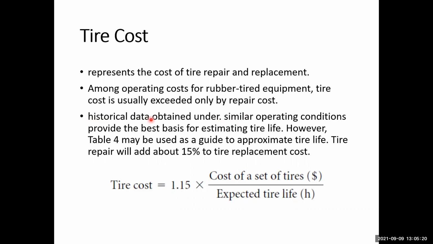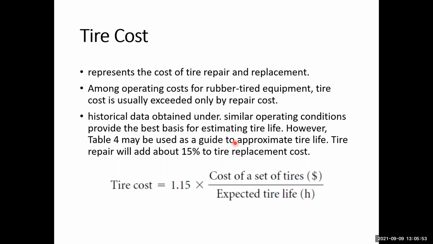So it's quite a lot of cost. The historical data obtained under similar operating conditions provide the best basis for estimating tire life. However, table 4 may be used as a guide to approximate tire life. Tire repair will add about 15% to the tire replacement cost. So the tire cost has two components: tire repair cost and tire replacement cost.